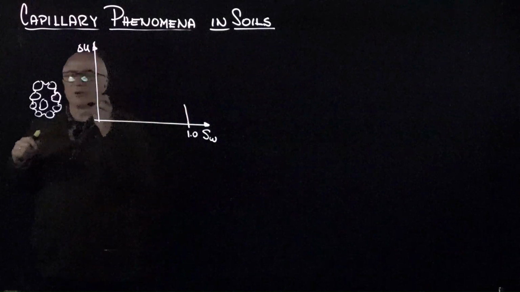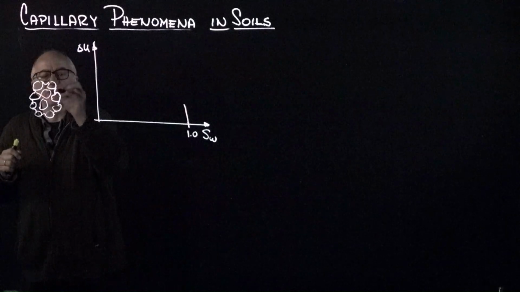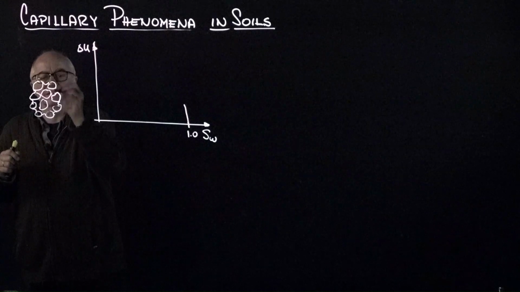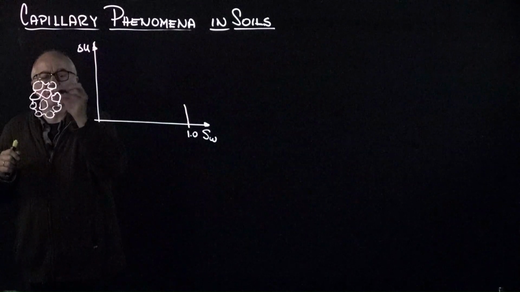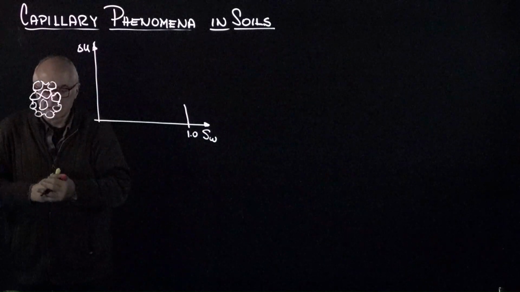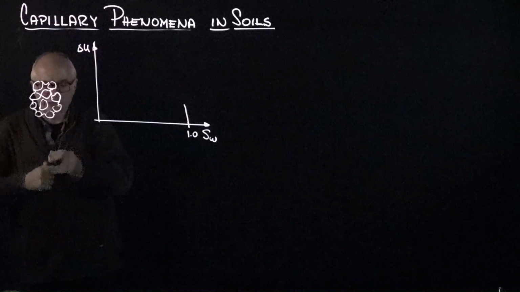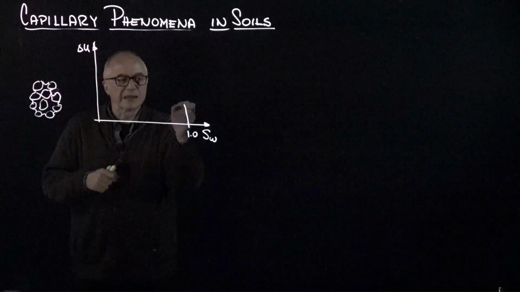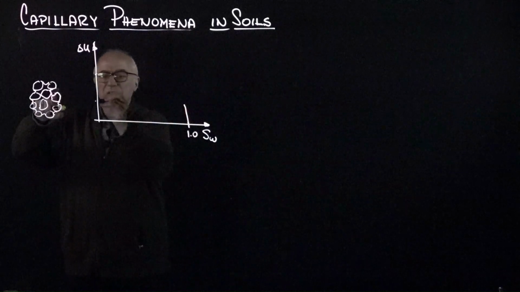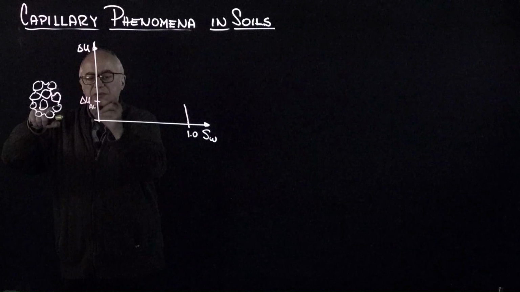But at some point, the radius cannot get any smaller before it actually jumps and invades into the soil skeleton to form new radii of curvature. And once again, the whole thing gets balanced, equalizing the negative pressure through the water, the continuous water phase. At this point, where I invade the skeleton, we're going to call this the capillary pressure at air entry.